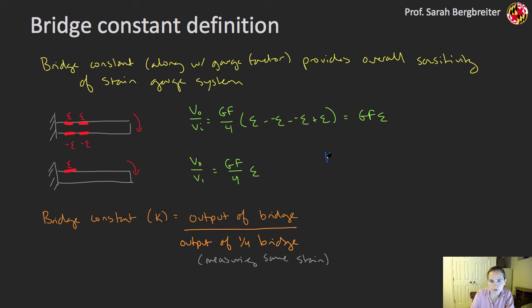So for a full bridge, regardless of how things are configured, I would have GF over 4 times epsilon 1 minus epsilon 2 minus epsilon 3 plus epsilon 4, divided by GF over 4 times epsilon. And so those GF over 4s are going to cancel, assuming they all have the same gauge factor. That gives me epsilon 1 minus epsilon 2 minus epsilon 3 plus epsilon 4, divided by epsilon.